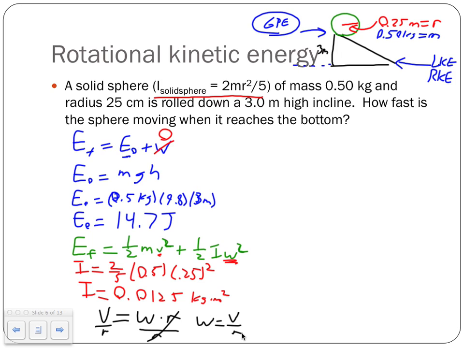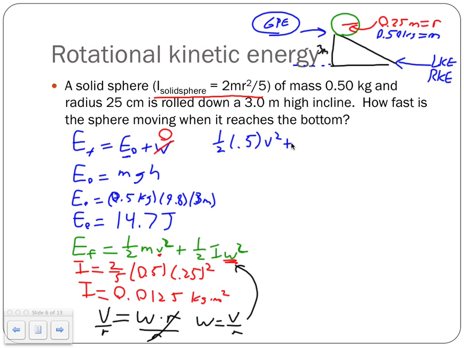And so we can take that and plug that in for omega up here, and let this simplify out a little bit. So let's plug this into our work energy theorem. Final energy equals original energy plus work. The work is 0, so final energy is what we're working out here. Final energy is going to be 1/2 mv squared, so that would be 1/2 the mass, which we said is 0.5, times the velocity squared, which we don't know.